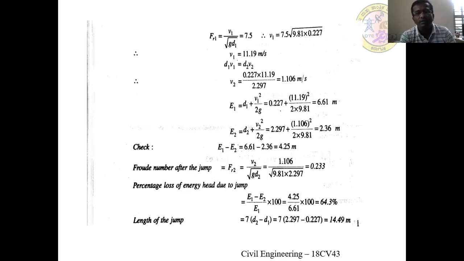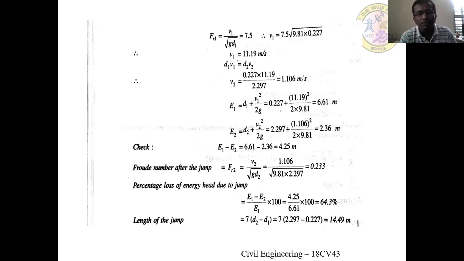So F1 equals 7.5, and we find the value of V1. D1 is 0.227, so substituting, we get V1 as 11.19 meter per second.